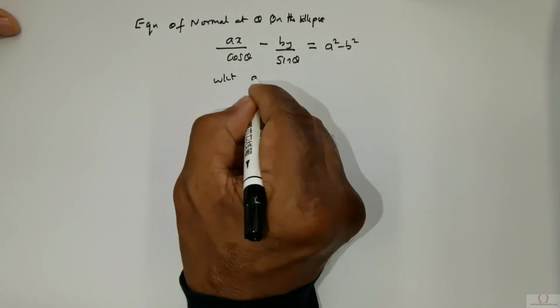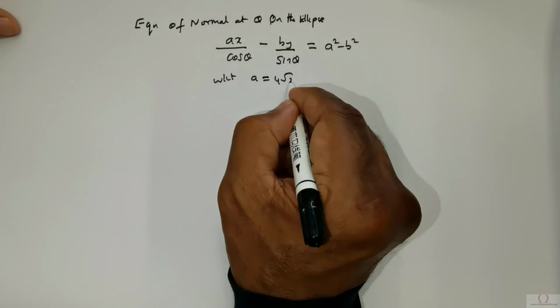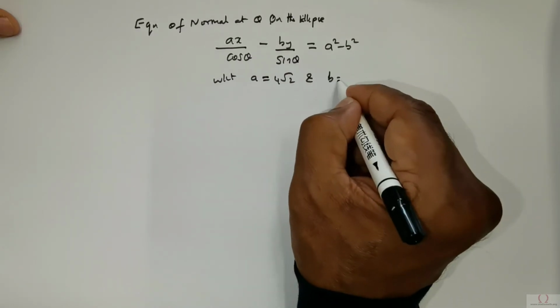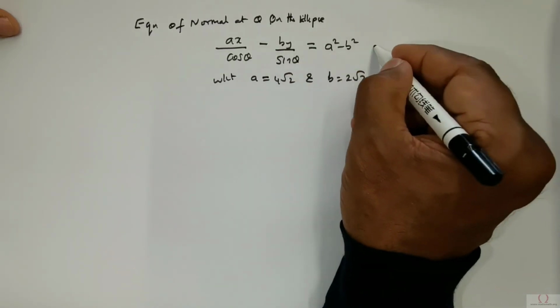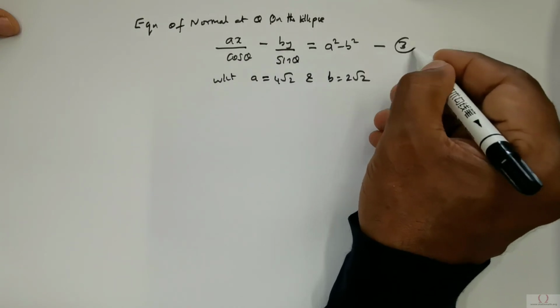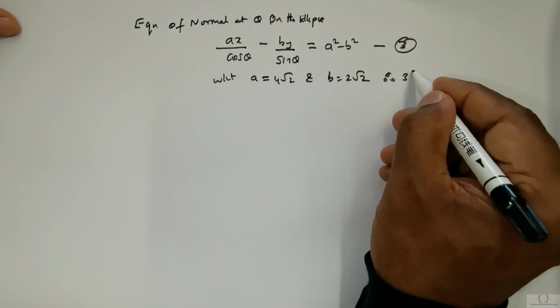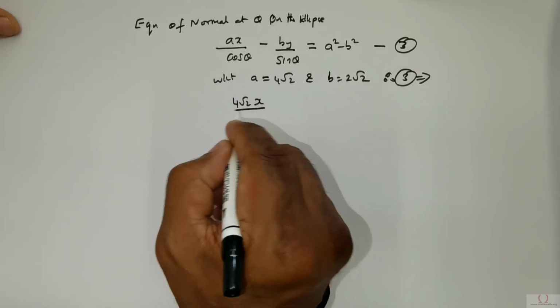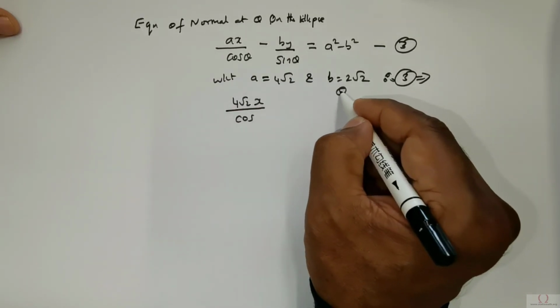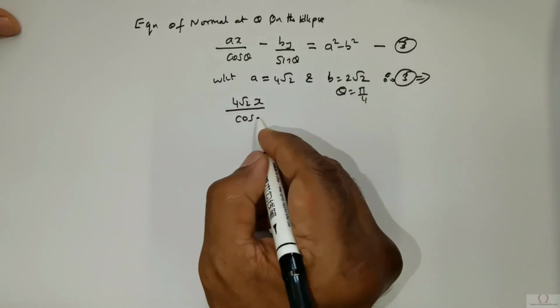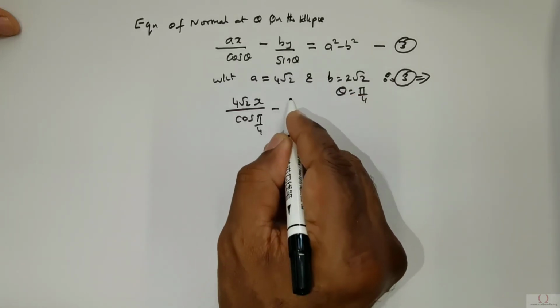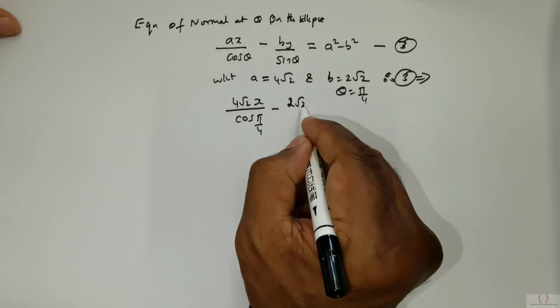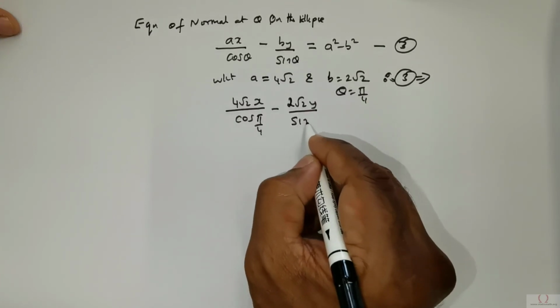Now we know that a is equal to 4 times root 2 and b is equal to 2 times root 2. So I can rewrite this as 4 times root 2 times x divided by cos π/4, since θ is π/4 for this question.